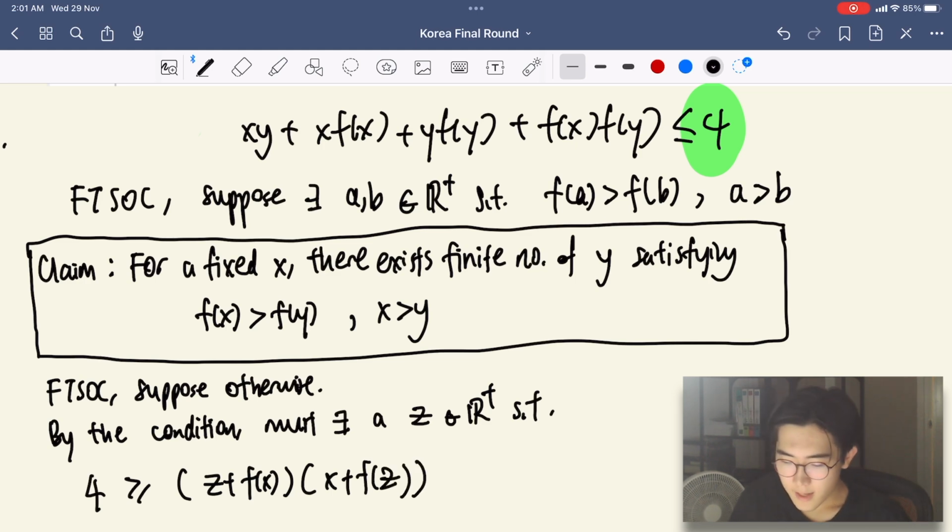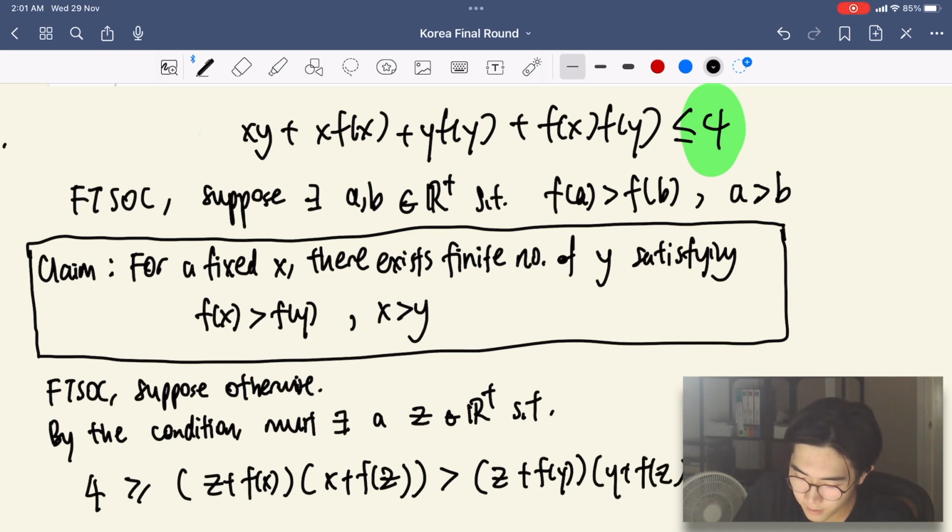But then you notice that f(x) is larger than f(y) and x is larger than y. So as a result, we get (z plus f(y)) times (y plus f(z)) is less than this, which is also less than or equal to 4.